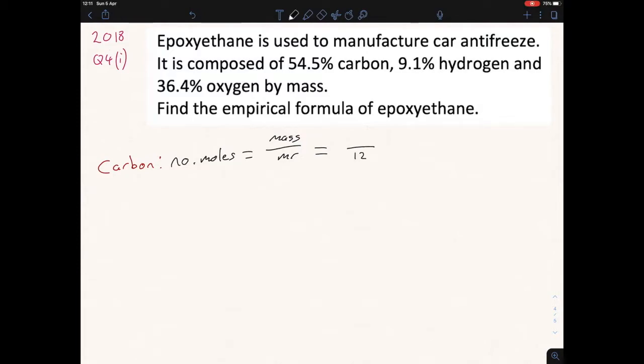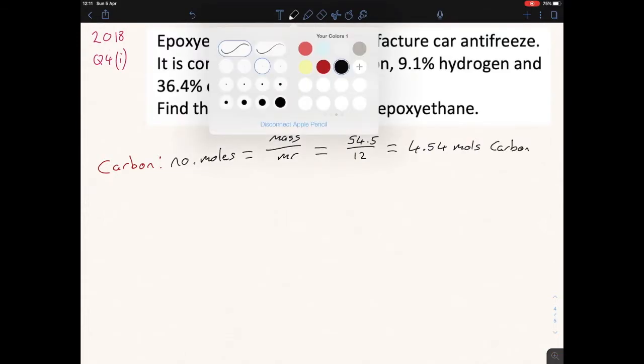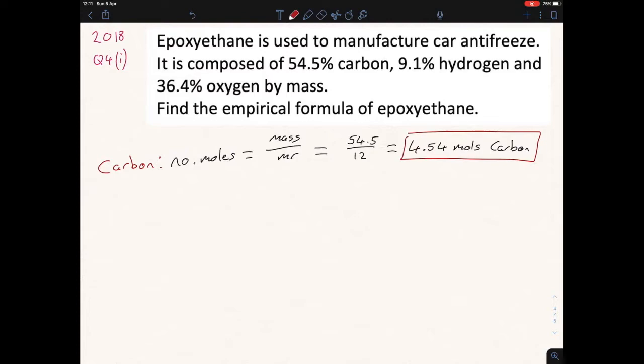The mass is 54.5% here, so we're going to assume that's 54.5 grams. Any of these, you just assume they're in grams. If you divide that by 12, you get 4.54 moles of carbon. Put a little box around that, and now we're going to solve for the rest of them.